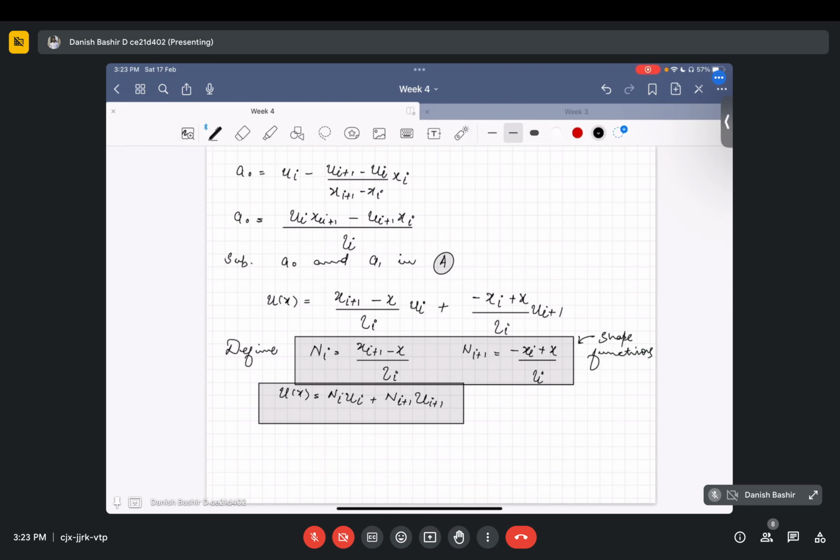Shape functions have a very important role to play in deciding the solution within an element. For example, if we have this same element, it has one nodal value ui here and ui plus 1 here. So we defined one more quantity, Ni and Ni plus 1, as shape functions.